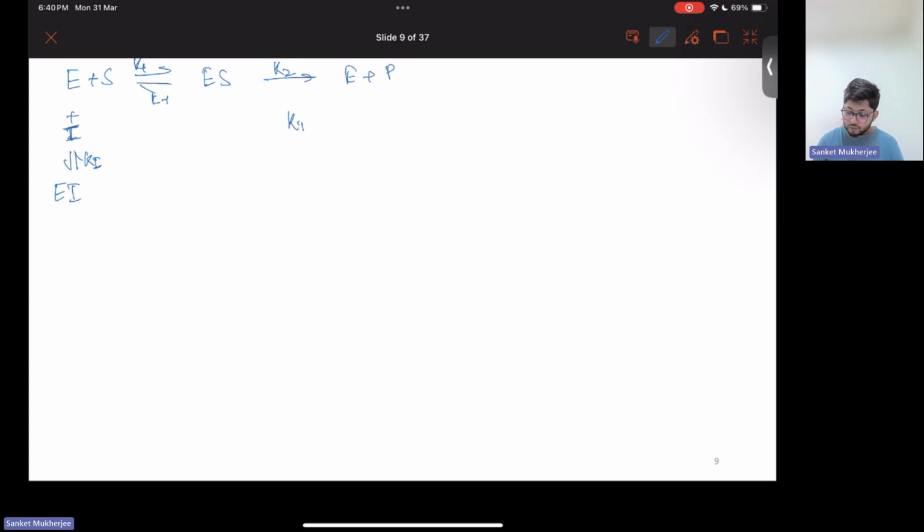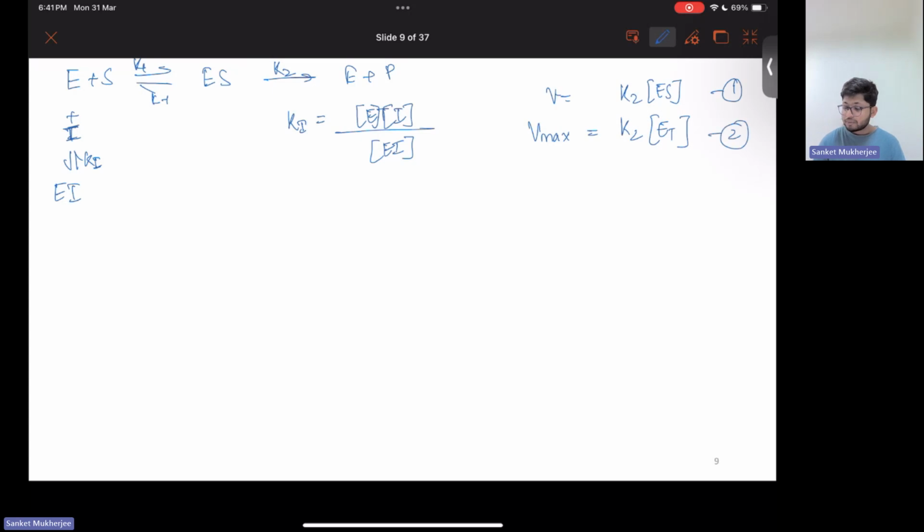So if we want to find the inhibitor concentration, it can be determined as EI, the concentration of enzyme and inhibitor complex. We already know that V is equal to K2 into ES, and Vmax is equal to K2 into the total enzyme concentration, right? This is one equation, this is the second equation.